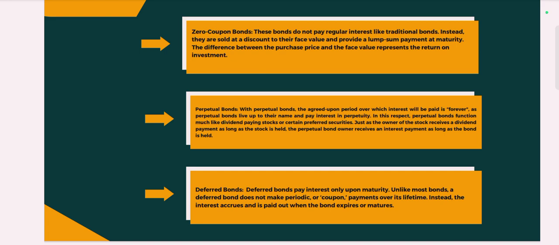In this respect, perpetual bonds function much like dividend paying stock or certain preferred securities. Just as the owner of a stock receives dividend payments as long as the stock is held, the perpetual bond owner receives the interest payment as long as the bond is held.